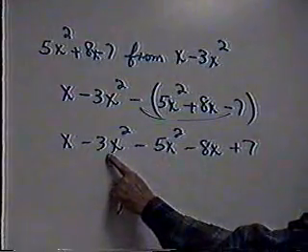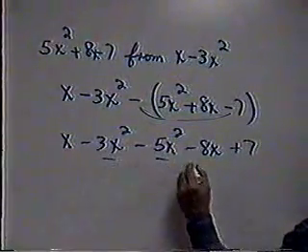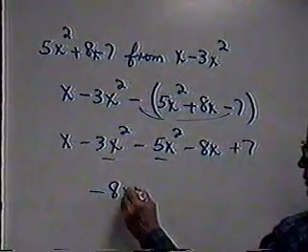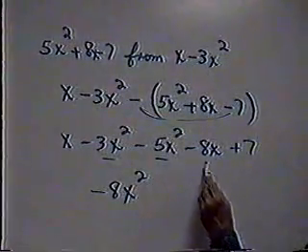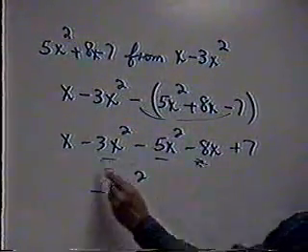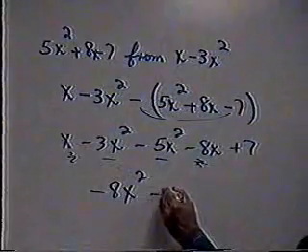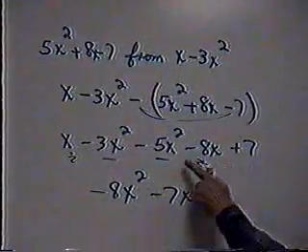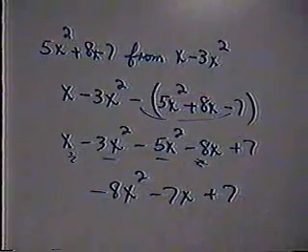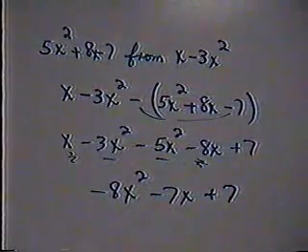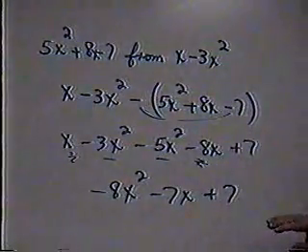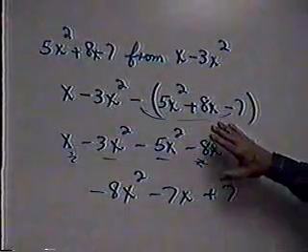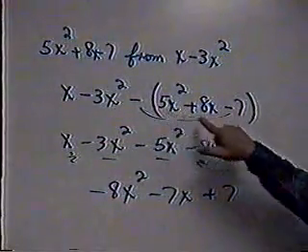Well, let's see. We have x squares, so we have a minus 8 of those. X's, we get a minus 7 of those. We have a minus 8 plus 1 of them. And the numbers, we have a plus 7. Okay? So when you subtract, now, this becomes important that you do the parenthesis concept.